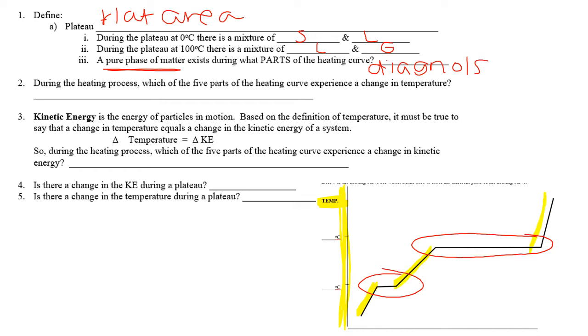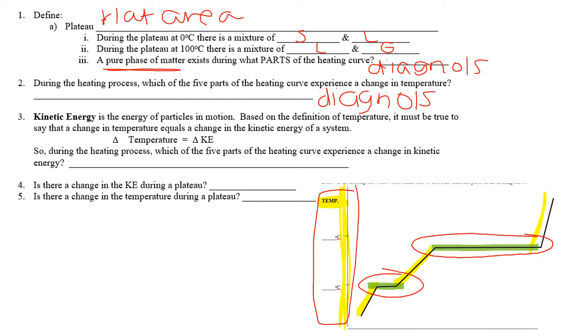Temperature is not changing at the plateaus because those are supposed to be flat lines, which means because temperature is my y-axis, it's not changing right there. The temperature is staying the same. So which parts experience a change in temperature? The diagonals. There is no change in temperature at those plateaus.